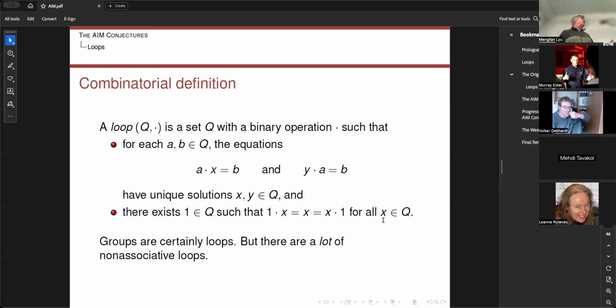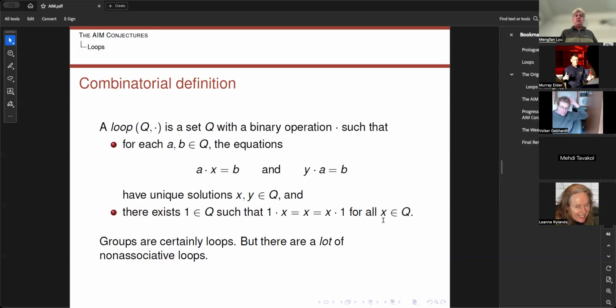So you can uniquely solve on the left or uniquely solve on the right. And in addition, what makes it a loop, so if I just left off that second item in the itemized list there, that would be the definition of a quasigroup. But I want there to be an identity element. And so we also include that stipulation, and that's what makes it a loop, okay?